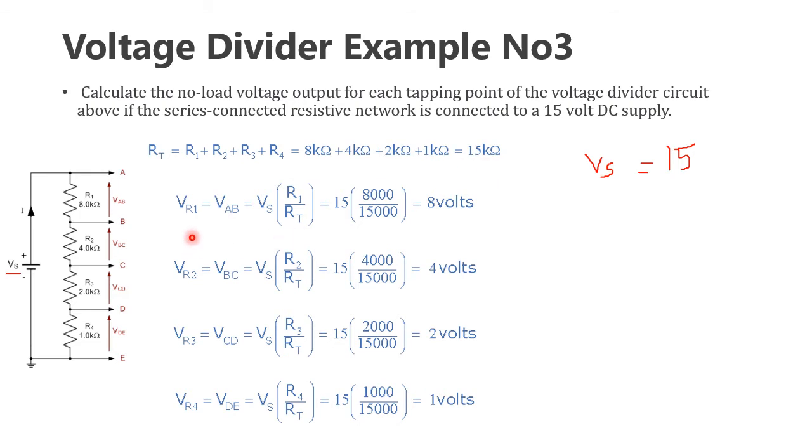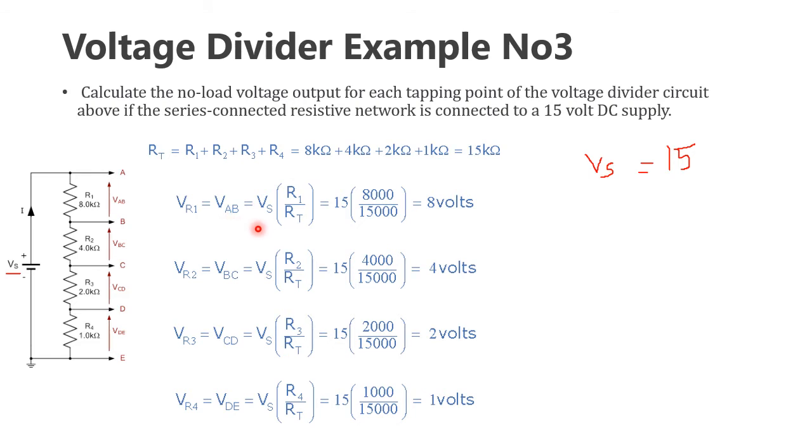Now we have to find VAB or VR1. VR1 means the voltage drop across the resistor R1. Another way we can take it as VAB, because R1 is connected between these 2 tapping points, point A and point B. Therefore VR1 we can write as VAB.